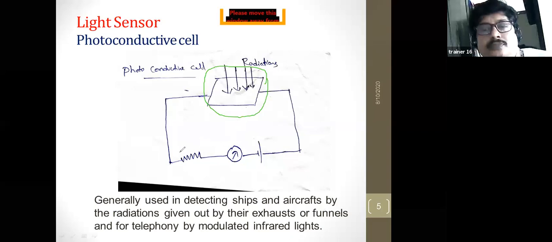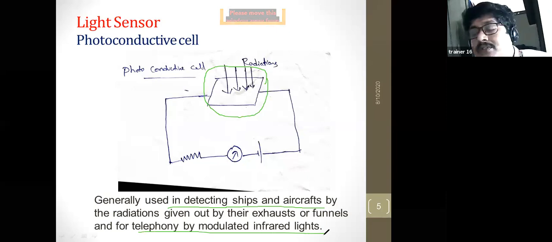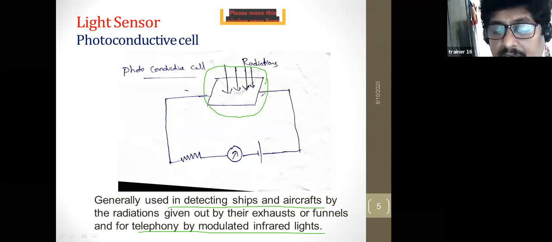Then the photoconductivity cell is generally used in detecting ships and aircraft by the radiations given out by their exhaust or funnels, and also for telephony by modulating infrared lights. In this photoconductivity cell, see here, the radiations are received by a semiconductor. This material is simply a semiconductor. When the radiations are incident on the semiconductor material, the semiconductor materials are selenium, cadmium sulfide, lead sulfide, and thallium sulfide.